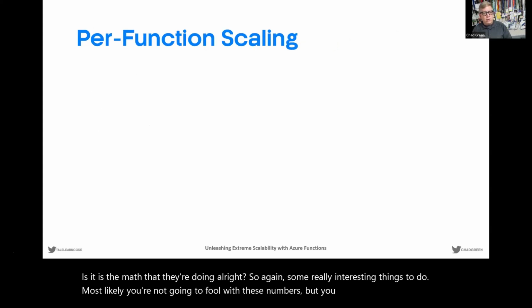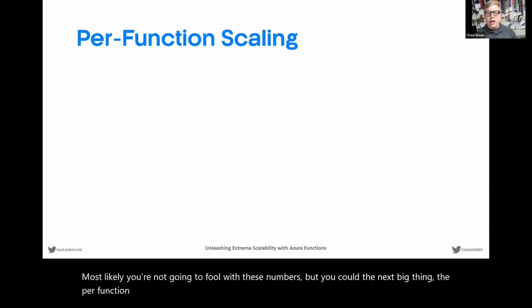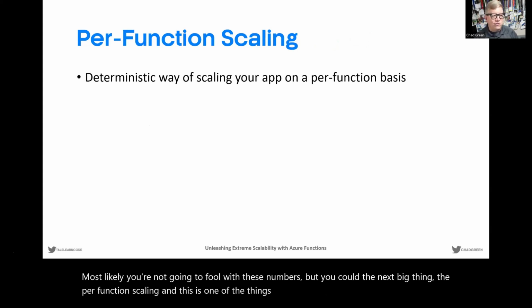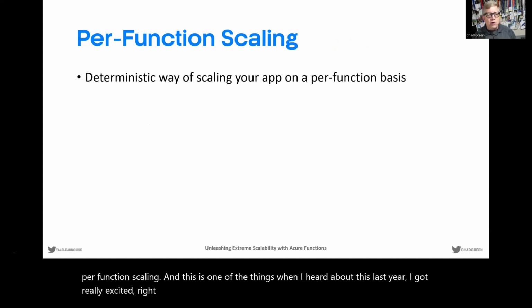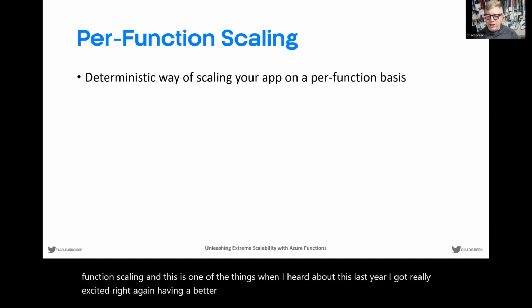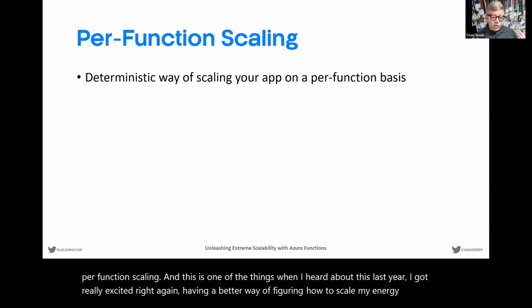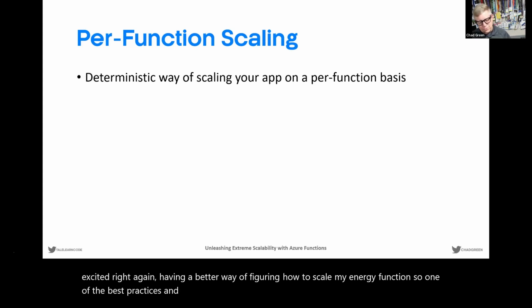The next big thing is per function scaling. This is one of the things that, when I heard about it last year, I got really excited, because it's a better way of figuring out how to scale my Azure function. One of the best practices, and I'm still going to follow it for a while, is don't mix your triggers.